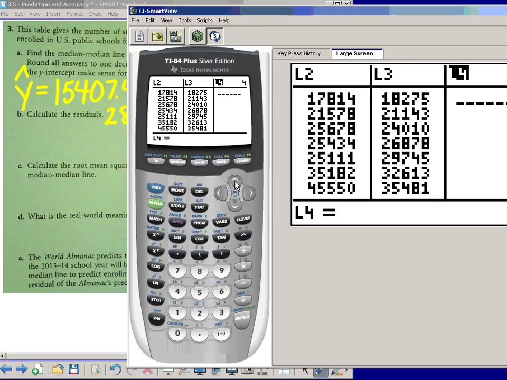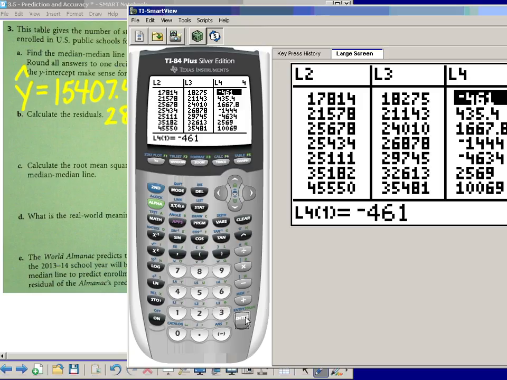Scroll over to list 4 and tell the calculator to do the subtracting for you. Right on top of the header there for list 4, tell it to take second L2, so that's second 2, minus second L3, and it'll calculate every single residual for every single point by the power of hitting enter. Boom, there they are. All the residuals for every single data item.